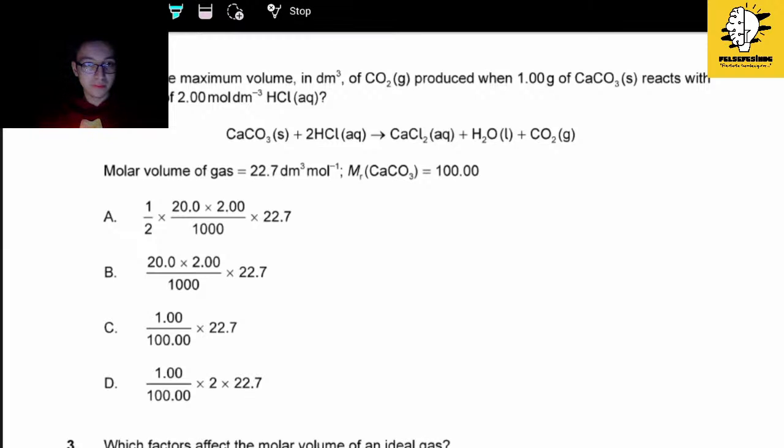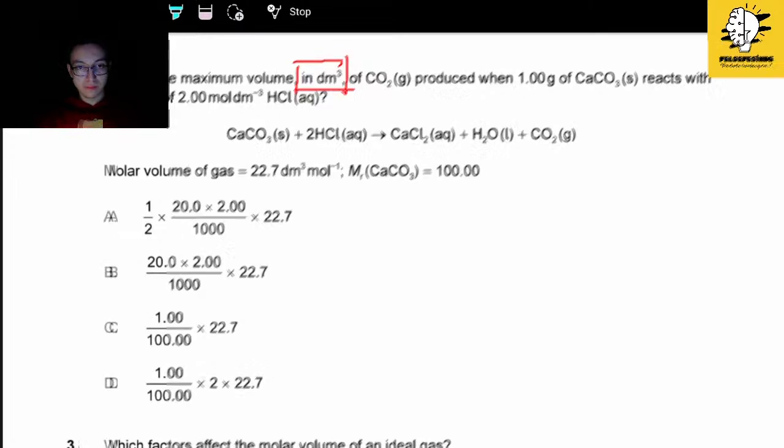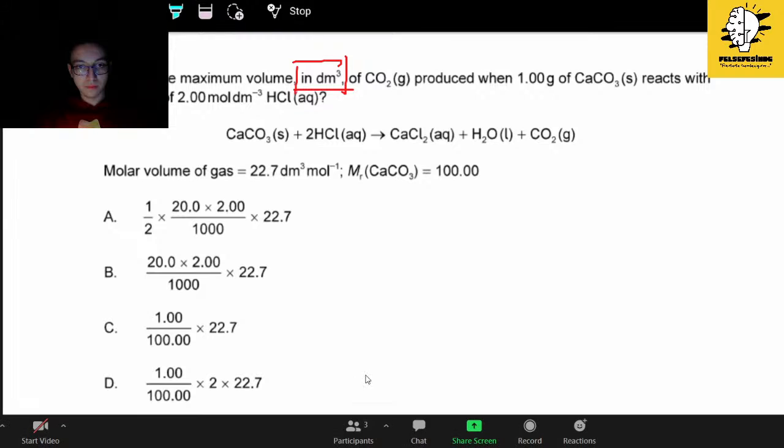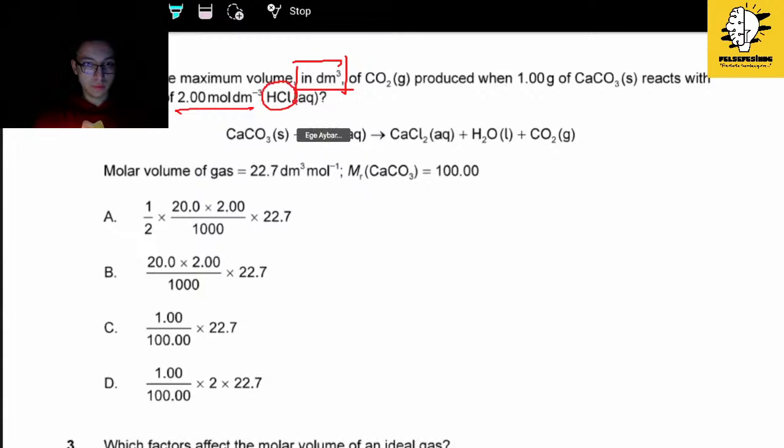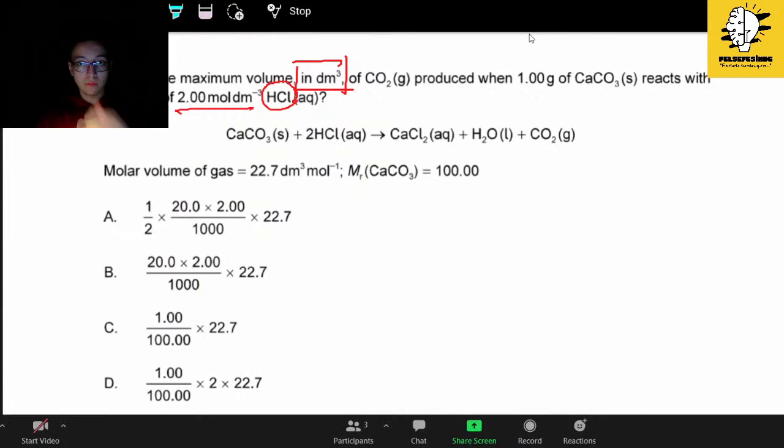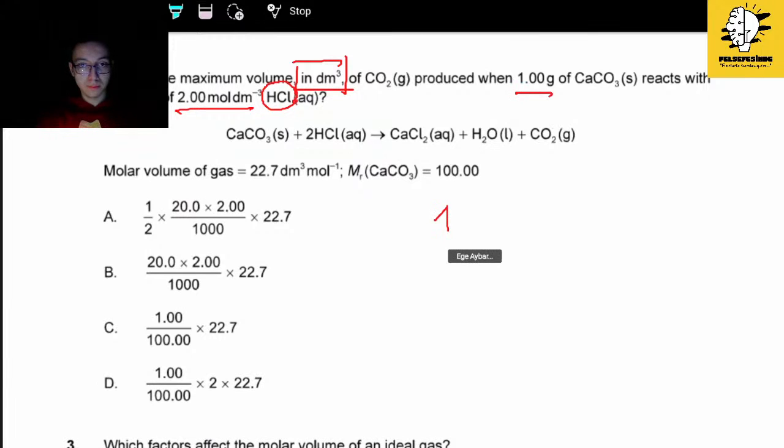So what is the maximum volume in decimeter cubed of carbon dioxide produced when 1 gram of calcium carbonate reacts with 20 centimeter cubed of this concentration of hydrogen chloride? This is really important, we should underline this. Here it gives us the mass in grams. In order to find the moles, we divide by 100, because that is the molar mass.